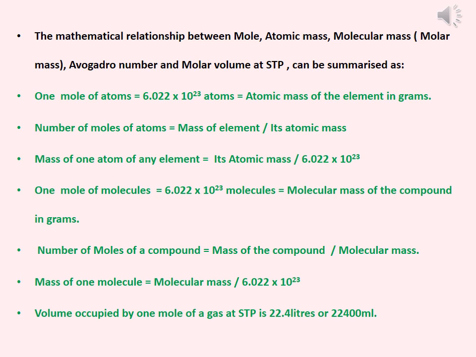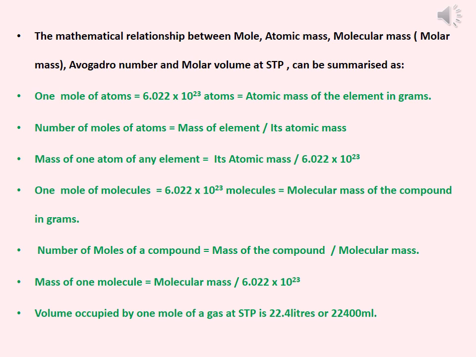Then, the number of moles of a compound, you know how to calculate. Compound means it exists in the form of a molecule. Mass of the compound divided by its molar mass or molecular mass. How to calculate the mass of one molecule? Mass of one molecule of any compound is equal to its molar mass in grams divided by 6.022 into 10 power 23.